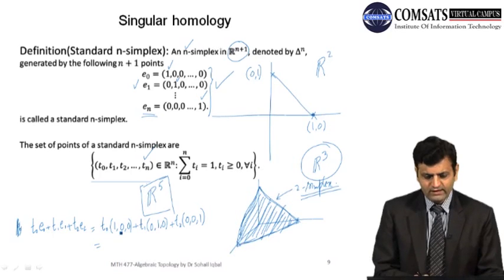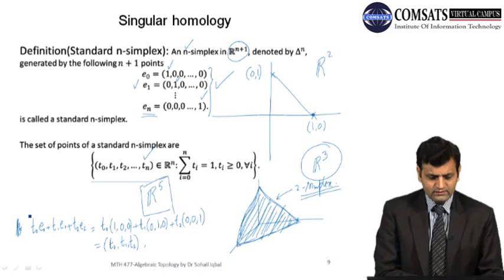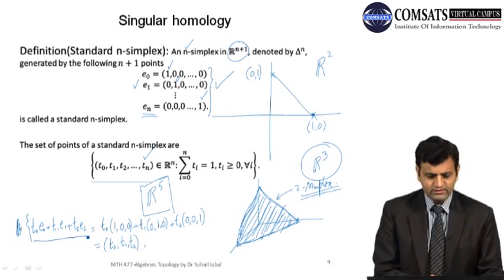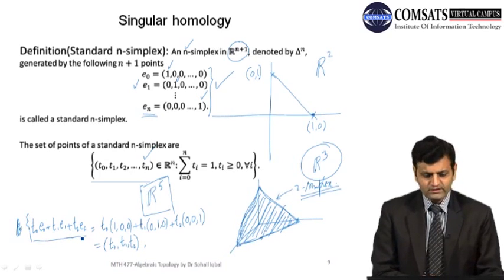If you multiply them and add them together, you will get the point (T0, T1, T2), and of course this element is an element of the simplex generated by the points E0, E1, E2, and we have the condition on these coefficients that their sum should be equal to 1 and the ti's should be greater than or equal to 0.